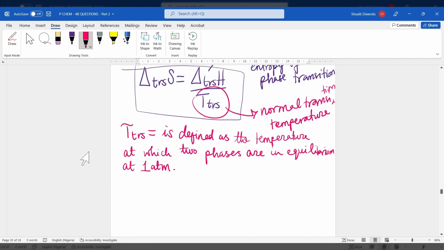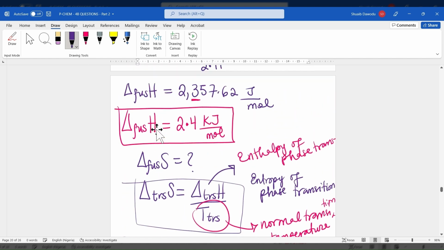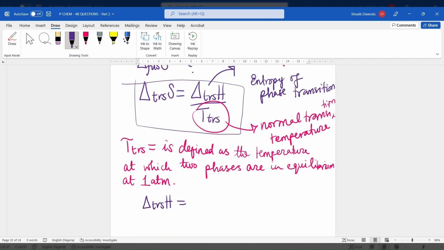Anyways, so we now know that our enthalpy of fusion is going to be 2357.62 joule per mole, and then the transition temperature is going to be 427.15 Kelvin.